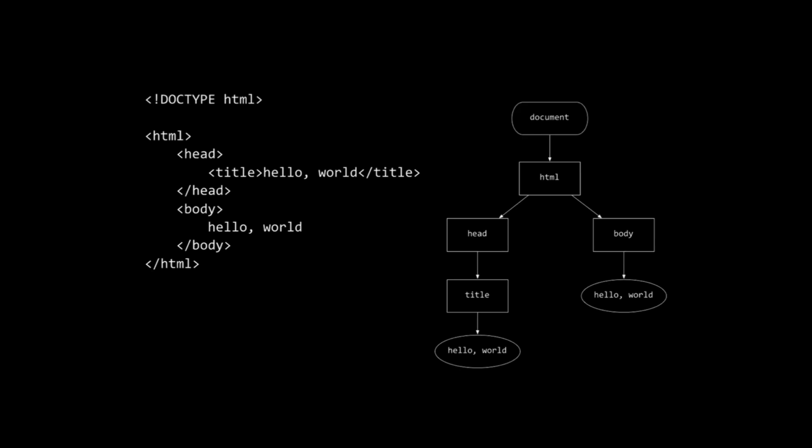So this is just a document with an HTML tag. Within that HTML, there's a head and a body. The head contains a title, and within the title and the body, there's some text. And this can all be represented as a tree. And any of the JavaScript libraries that we use to interact with HTML are going to be about grabbing nodes from this tree and doing something with them in some manner.